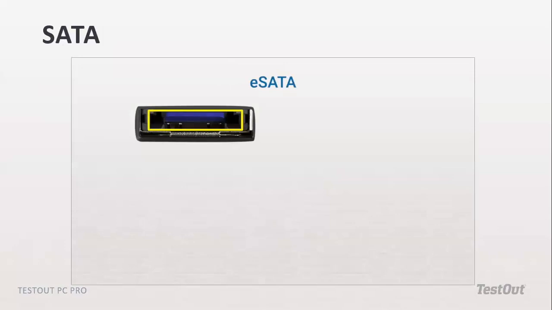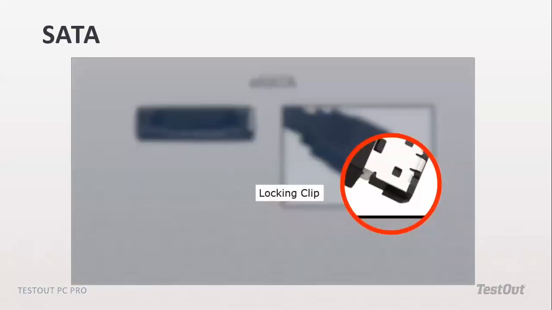The eSATA has this characteristic: two locking clips that permit it to lock the external SATA drive to the connectors to prevent it from shaking, because the SATA port on its own is not a very strong one. So it needs the eSATA technology, which externally provides a locking clip that will seal the connector to the port, right?